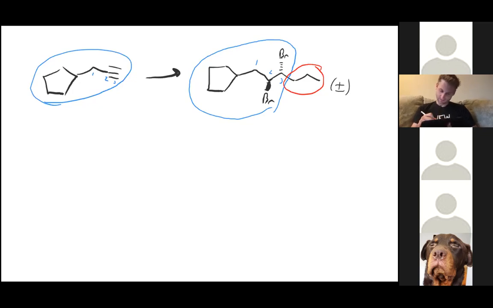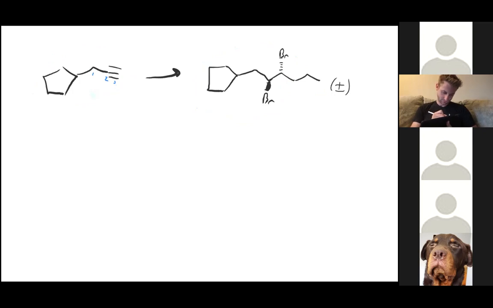So let's throw in NaNH2 because that's our alkylation reagent, followed by 3 carbons and some sort of haloalkane. It can be whatever, chlorine, bromine, iodine, whatever you like to use.